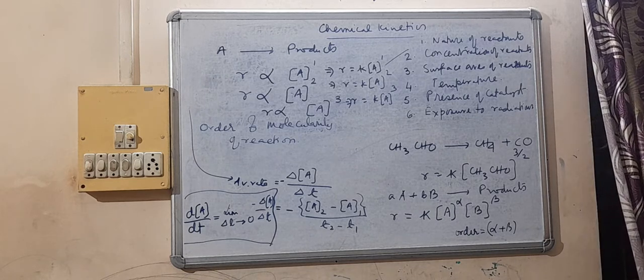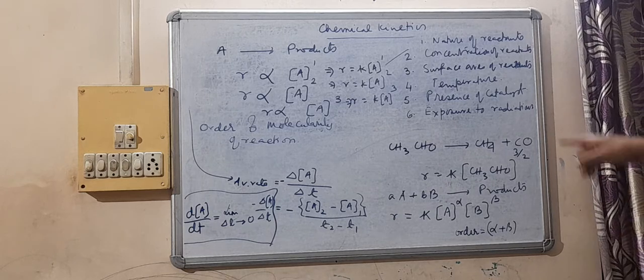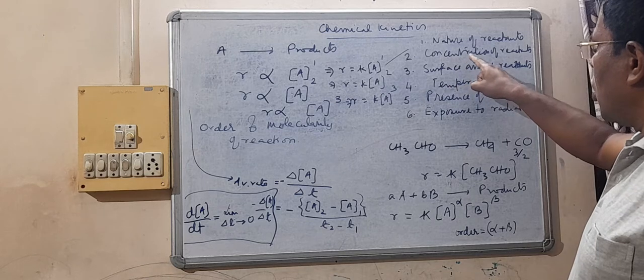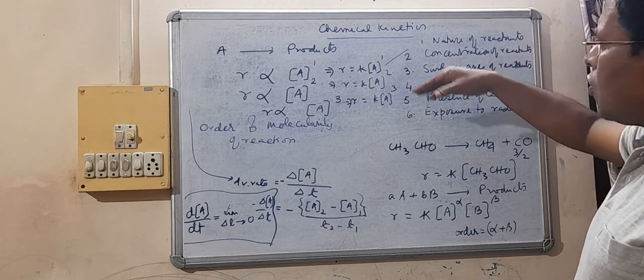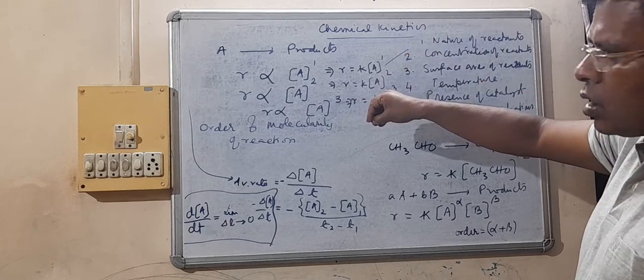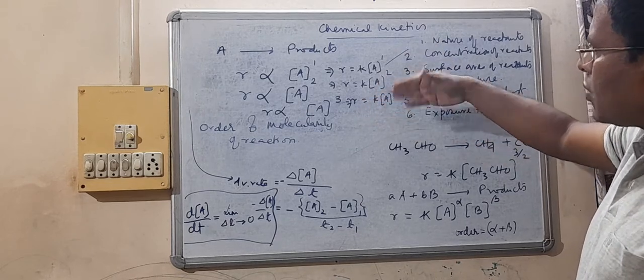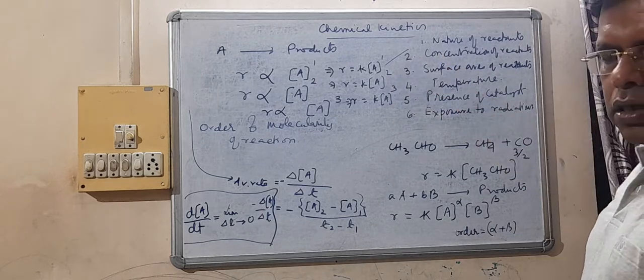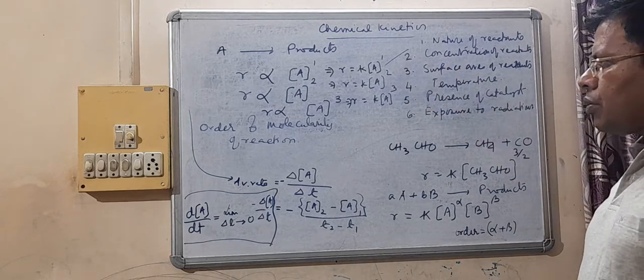Like we have discussed here, rate of reaction depends on concentration of reactant. How it depends on concentration of reactant is what is known as order of reaction.